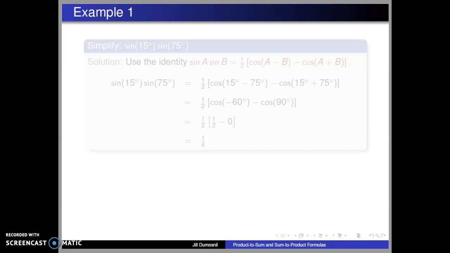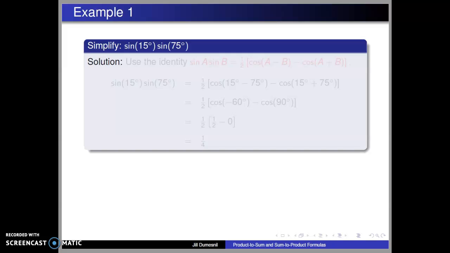Now let's consider an example using the formula we derived. Simplify sine of 15 degrees times sine of 75 degrees. We will use the identity for sine A times sine B, which equals 1/2 cosine A minus B minus cosine A plus B. Now we substitute A equal 15 degrees and B equals 75 degrees in the formula.